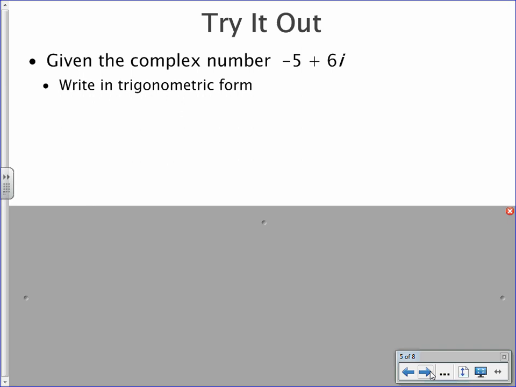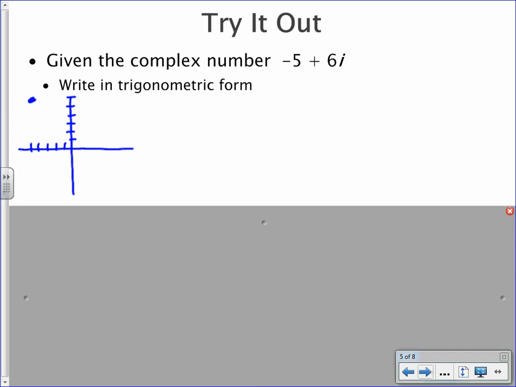Alright, so first of all, let's talk about what this point looks like. Negative 5 plus 6i. We're going to go negative 5 on the real axis and positive 6 on the imaginary axis. So there's our point.